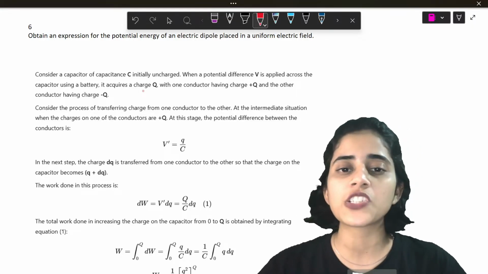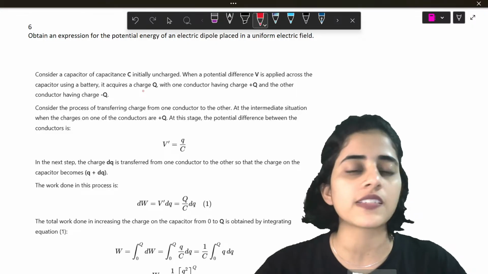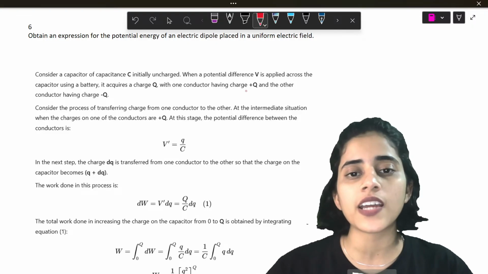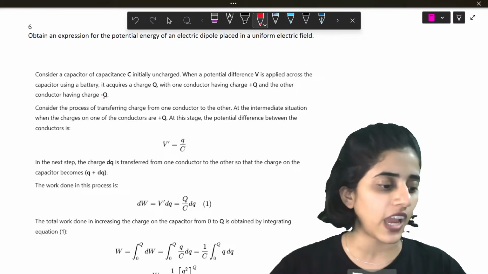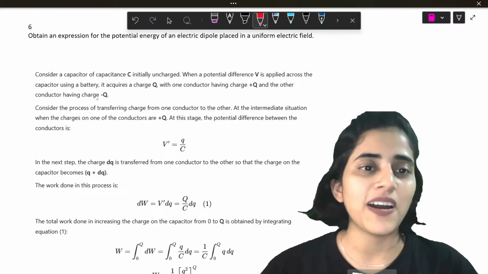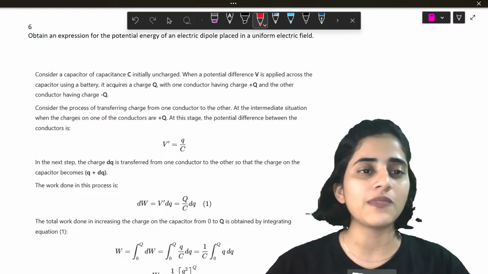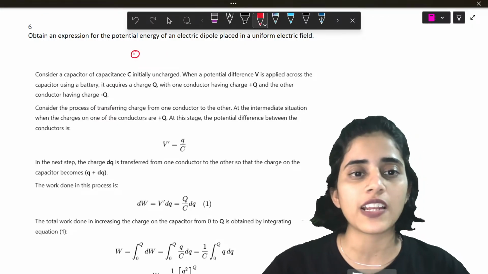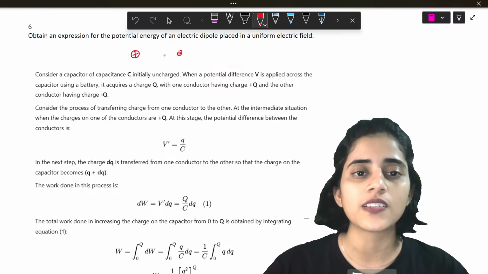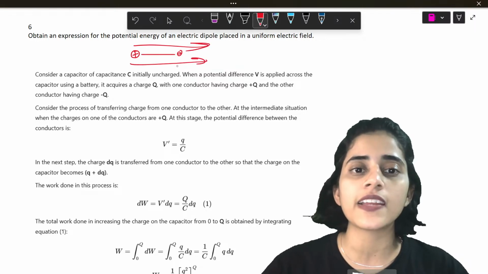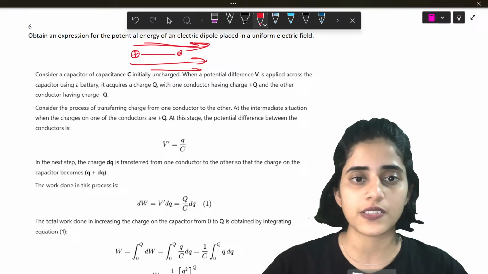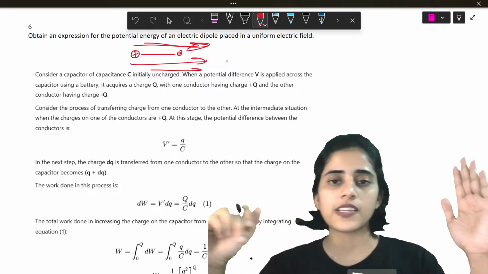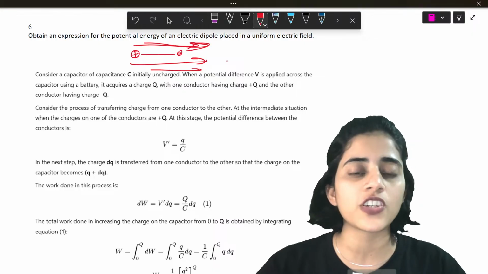Okay, when a potential difference V is applied across the capacitor using battery, it acquires a charge Q with one conductor having charge plus Q and another conductor having charge minus Q. Okay, so you have, in this case, what do you have? You have an electric dipole. This is placed inside a electric field. Okay, so the dipole is placed inside a uniform electric field.